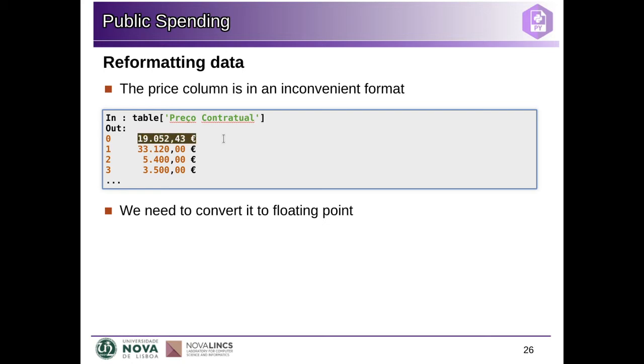Instead of being a number, which would be most convenient for computing extremities, maximum, minimum, averages, and so on, what they did is store a string that has this euro sign, a space, a point separating the thousands place, and then a comma for the decimal point. So we cannot easily convert this into a floating point number. We need to process these strings and get rid of all these extra characters in order to convert this into a number. But this is also easy to do with pandas.